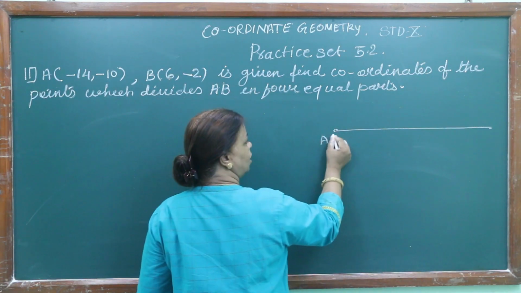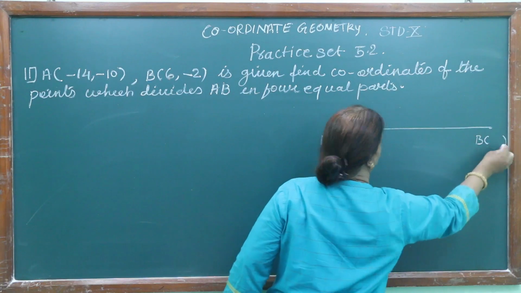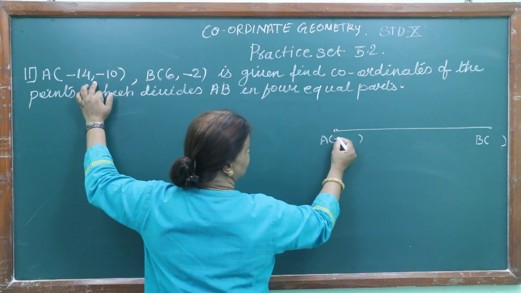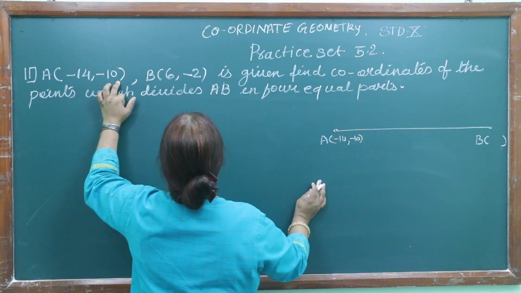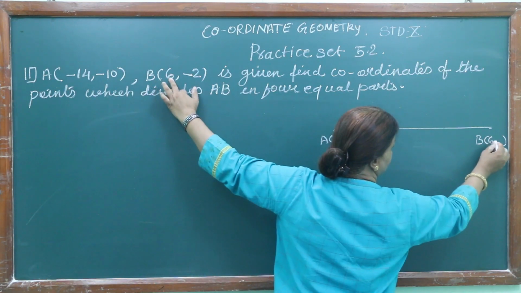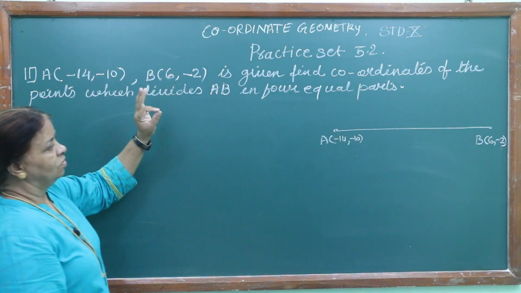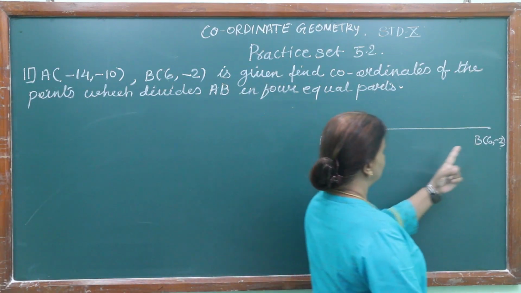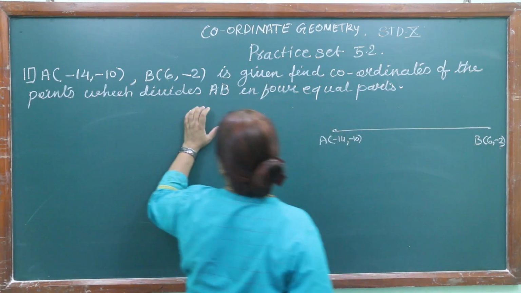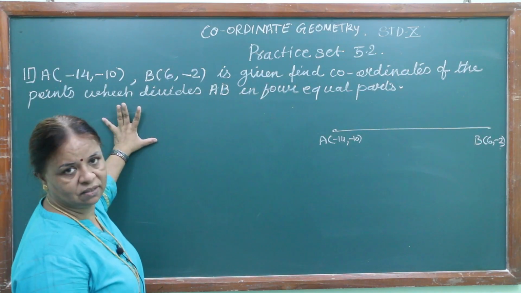So this is your point A and this is your point B. A is minus 14 comma minus 10, and B is 6 comma minus 2. We have to find the coordinates.